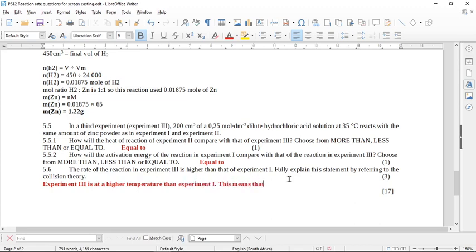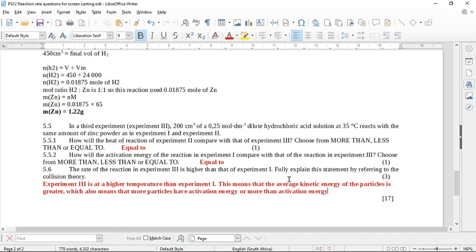This means that, let's first say that the average kinetic energy of the particles is greater, which also means that more particles have activation energy or more than activation energy.